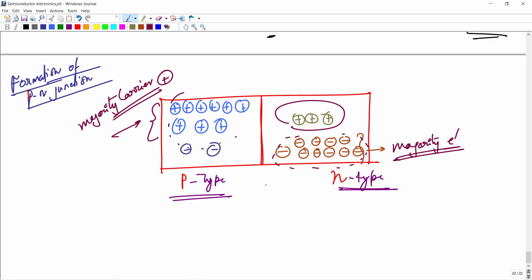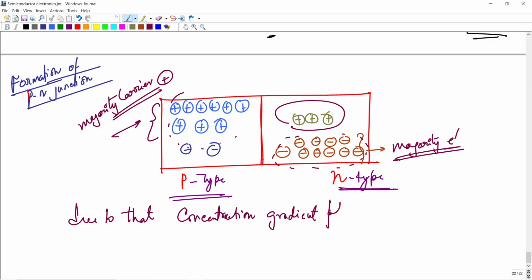So due to that concentration gradient of majority carrier, we get some current.